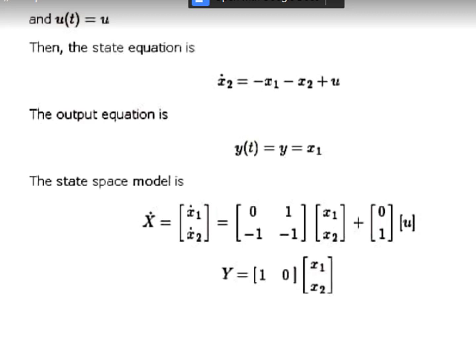That is, the state equations are the x2 dot equation, x1 dot equal to x2, and the output equation y(t) equal to x1.